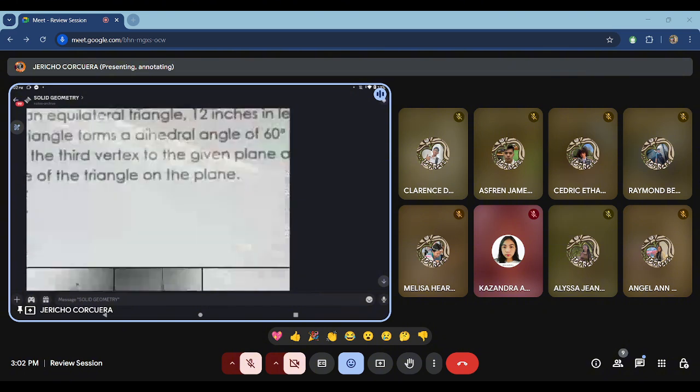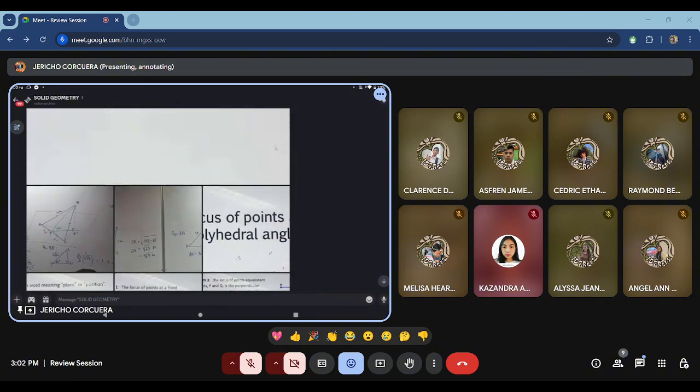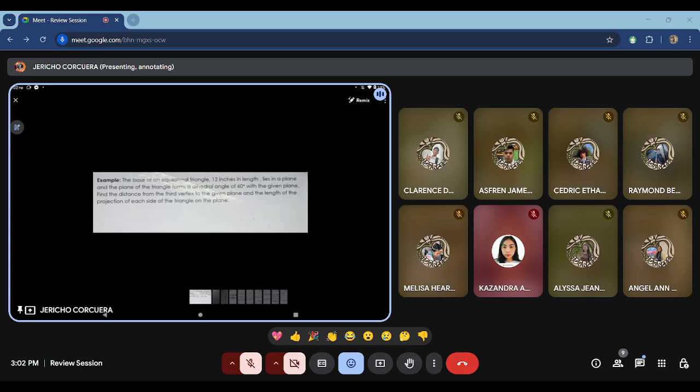Next, another problem here. The base of an equilateral triangle 12 inches in length lies in a plane, and the plane of the triangle forms a dihedral angle of 60 degrees with the given plane. Find the distance from the third vertex to the given plane and the length of the projection of each side of the triangle on the plane.